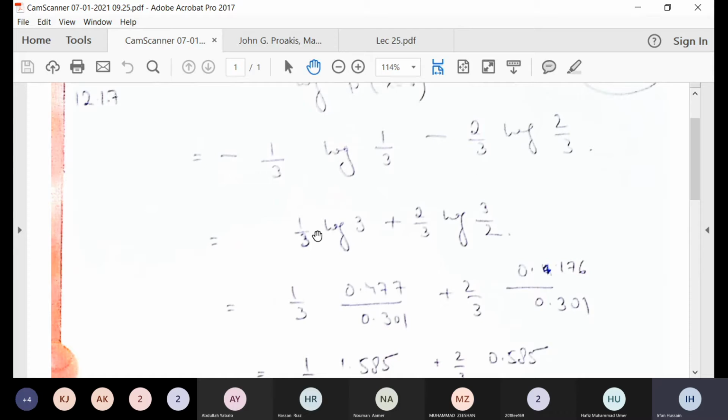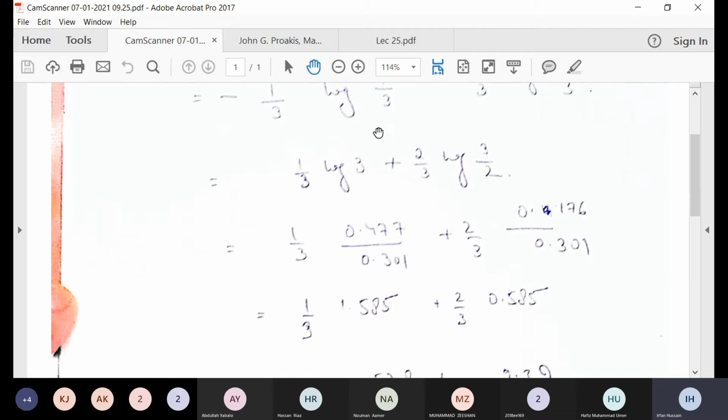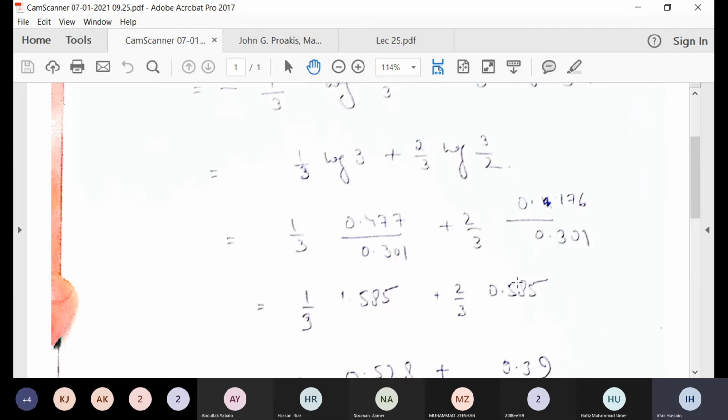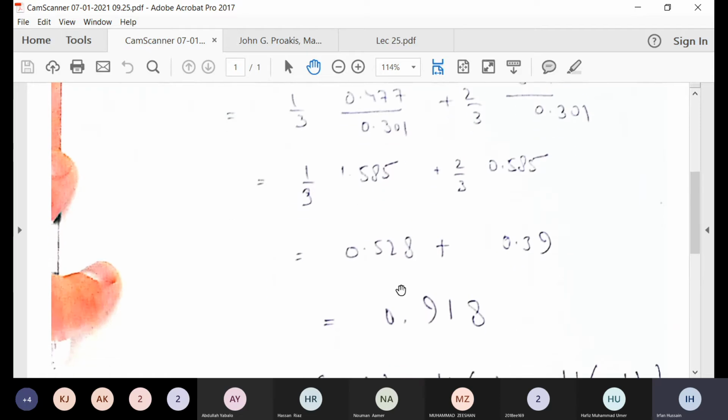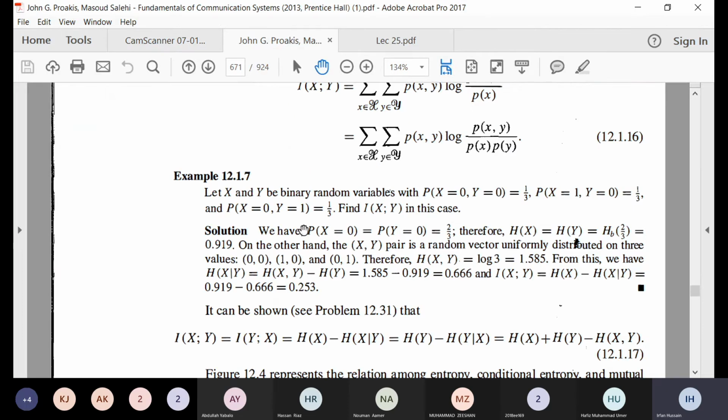So log of 1.5, but I use my calculator, so I use log to the base 10. If you have a scientific calculator, you can use 2. So these were the values, log10 of 3, and this was log10 of 2. So, by dividing log10 of x with log10 of 2, you will get log of x to the base 2. So I get those values, and then I add them, and hence I get H(x), and this will be the same entropy of y. So we have found this thing.